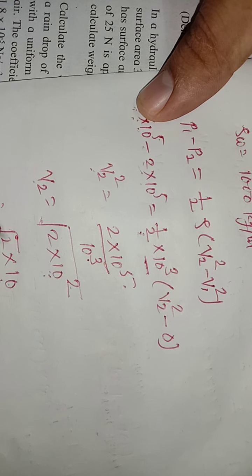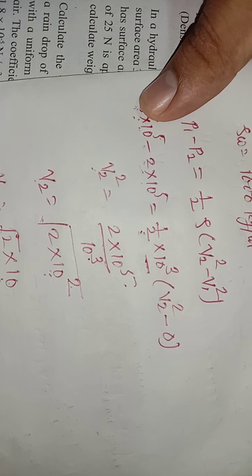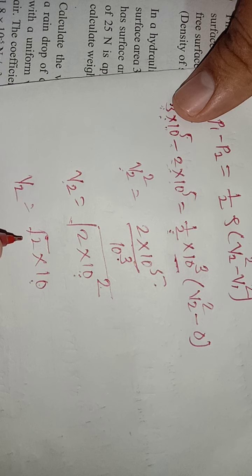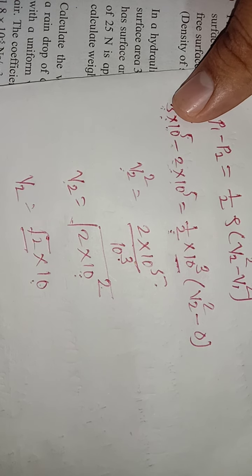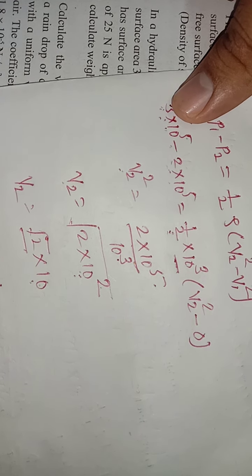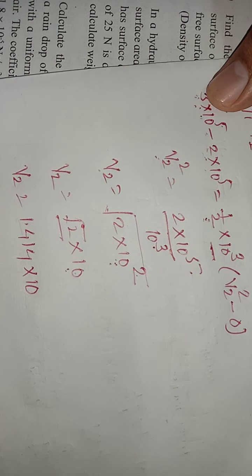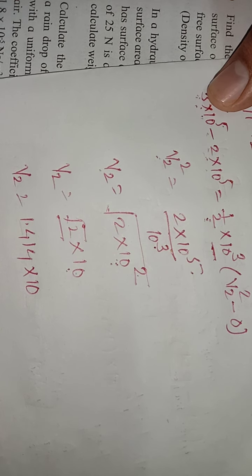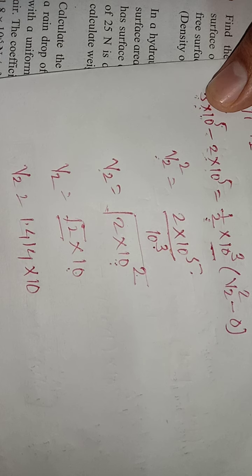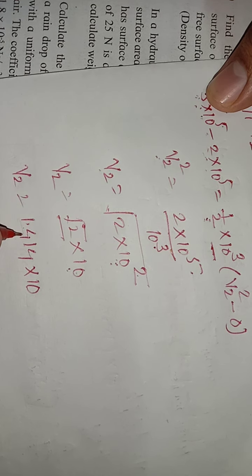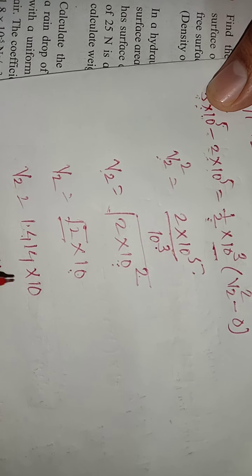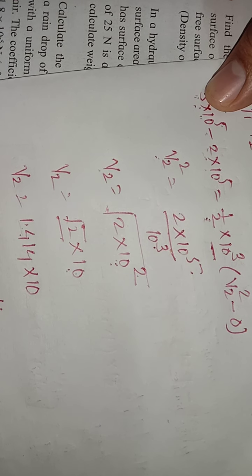So v2 is equal to under root 2, which is 1.414, into 10. Then we get v2 equal to 14.14 meter per second.